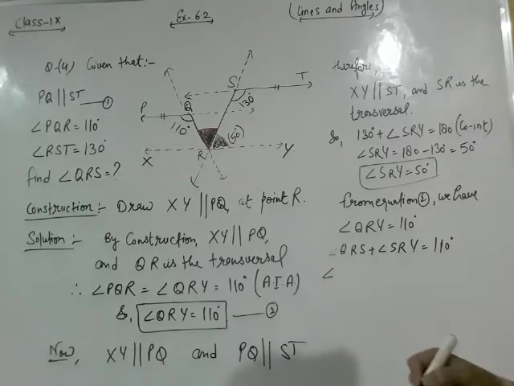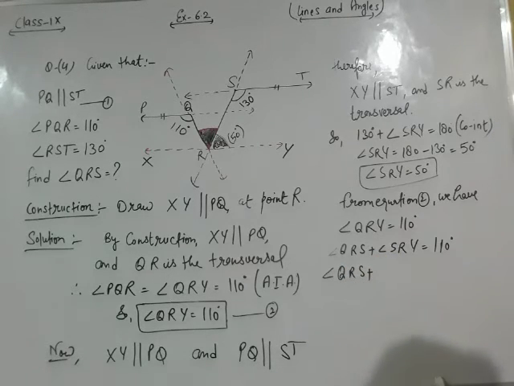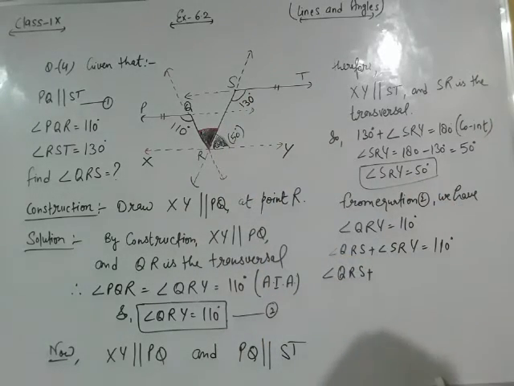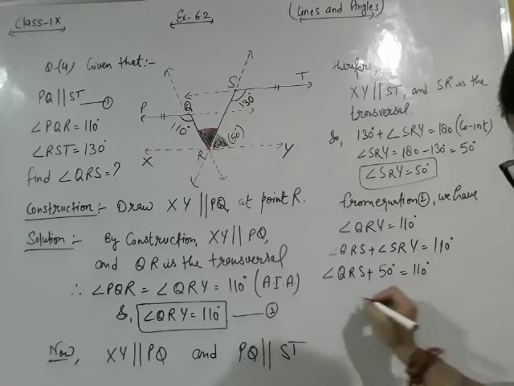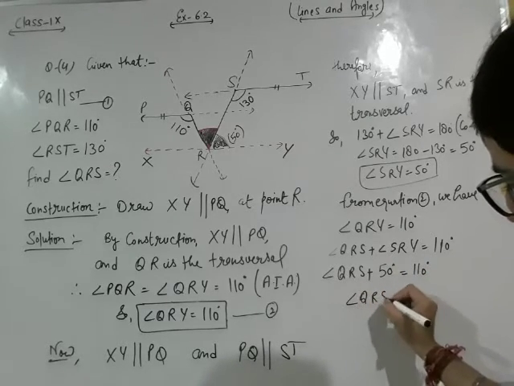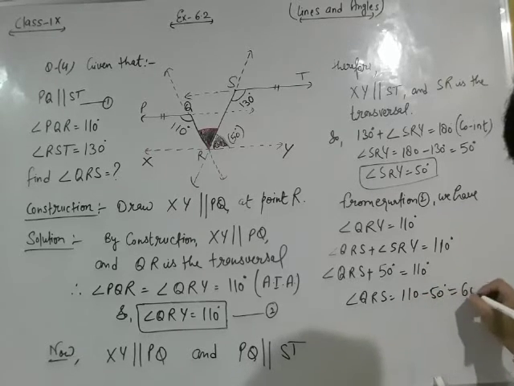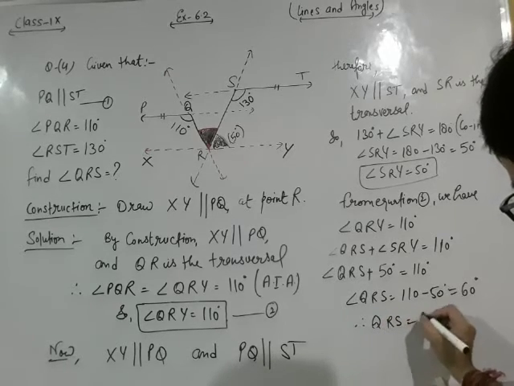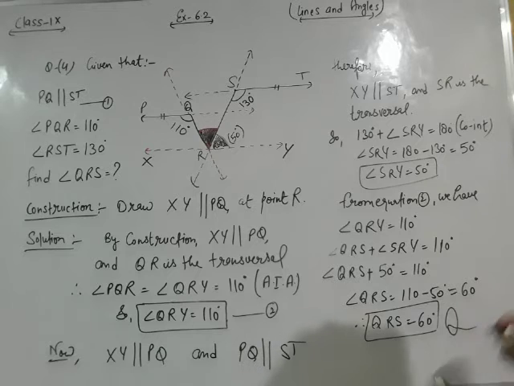Angle QRS, this we have to find. SRY we have found, SRY is 50 degrees, so angle QRS is equal to 110 minus 50 degrees, which is 60 degrees. Therefore angle QRS is equal to 60 degrees, that is the answer we have to find.